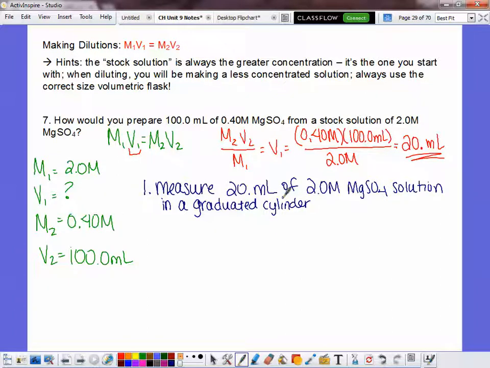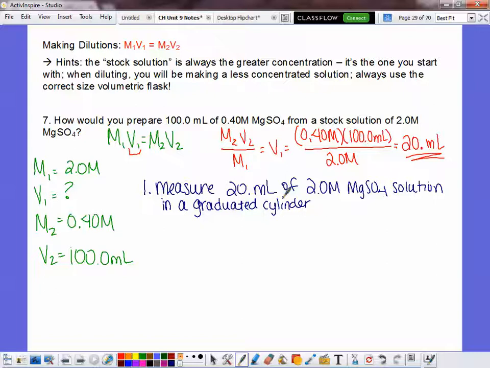Then we're going to put those 20 milliliters into the appropriately sized volumetric flask. What size volumetric flask are we going to use to make this solution? How much of the solution do we want to make? We want to make 100 milliliters. So the only way to make 100 milliliters of a solution is to use a 100 milliliter volumetric flask.